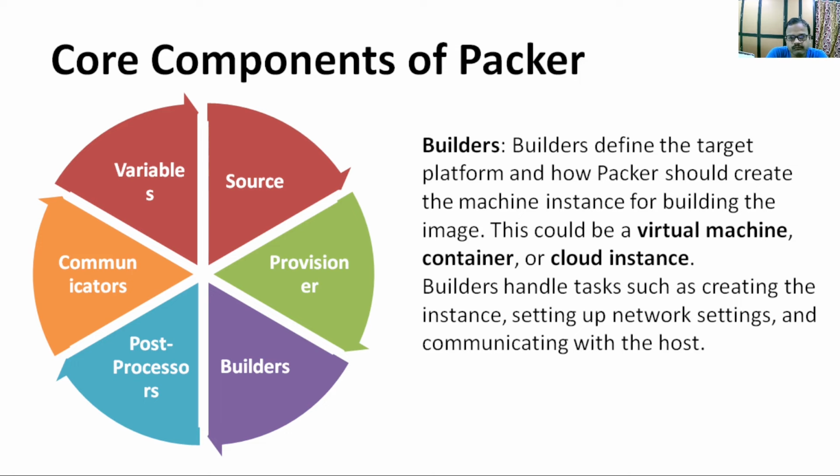You want to convert this into an AWS AMI. In this case, AWS AMI is your target cloud provider, target platform. All things related to the target platform we can define in the builder block.